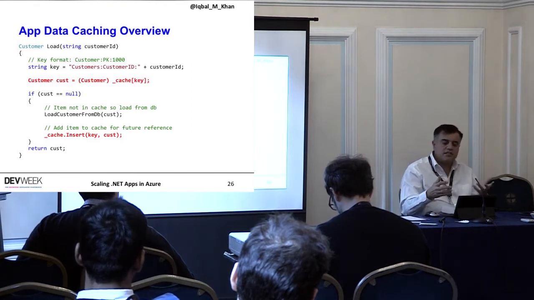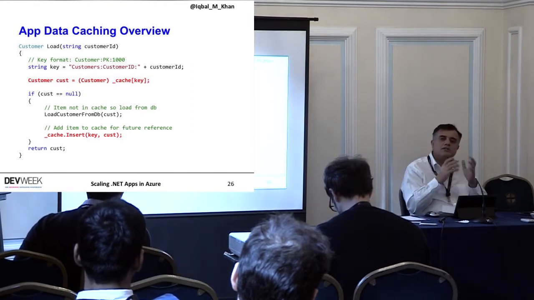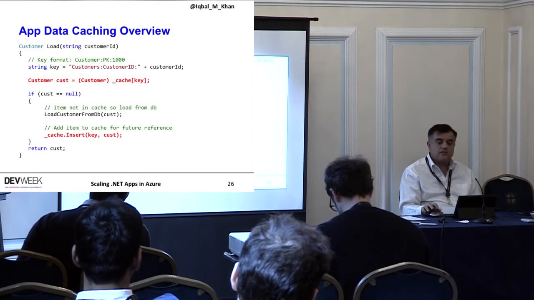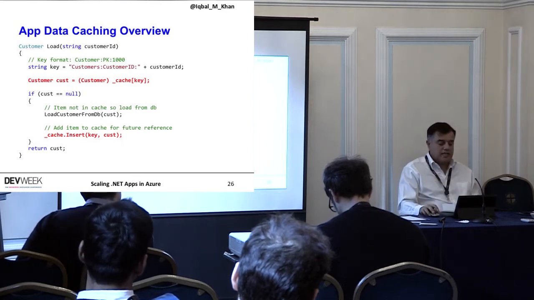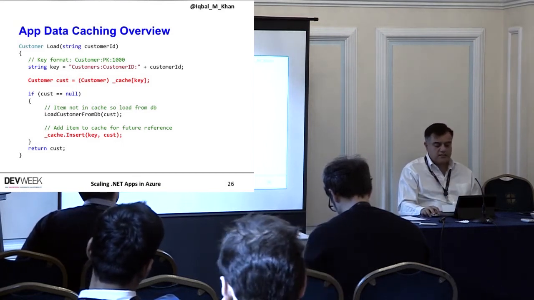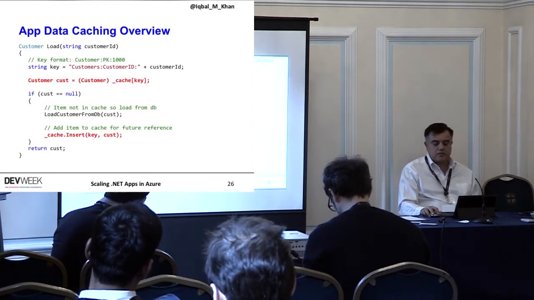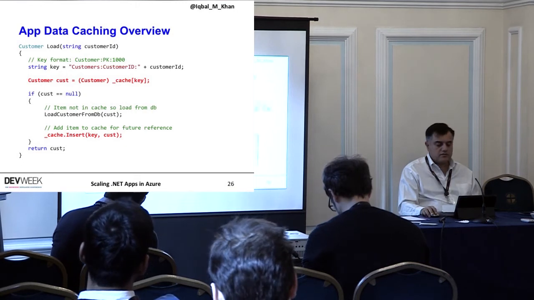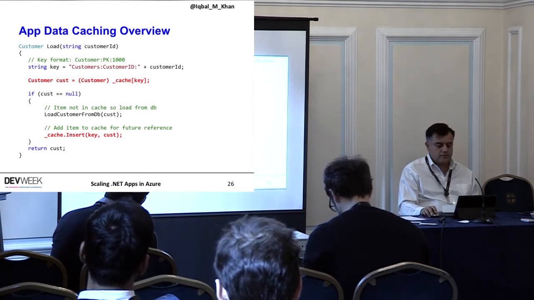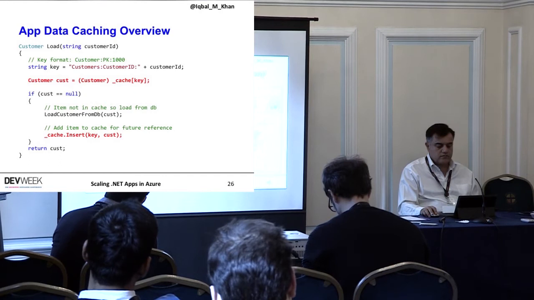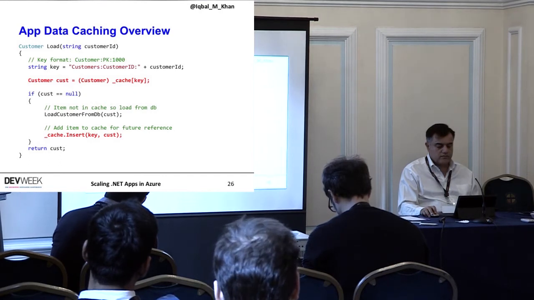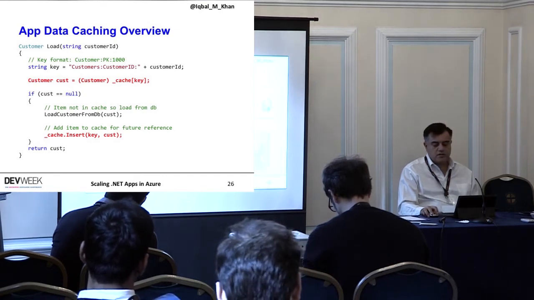The other strategy is where the application always talks to the cache and there's a server-side code. So when the application does this, cache customer equals cache key, this talks to the cache.